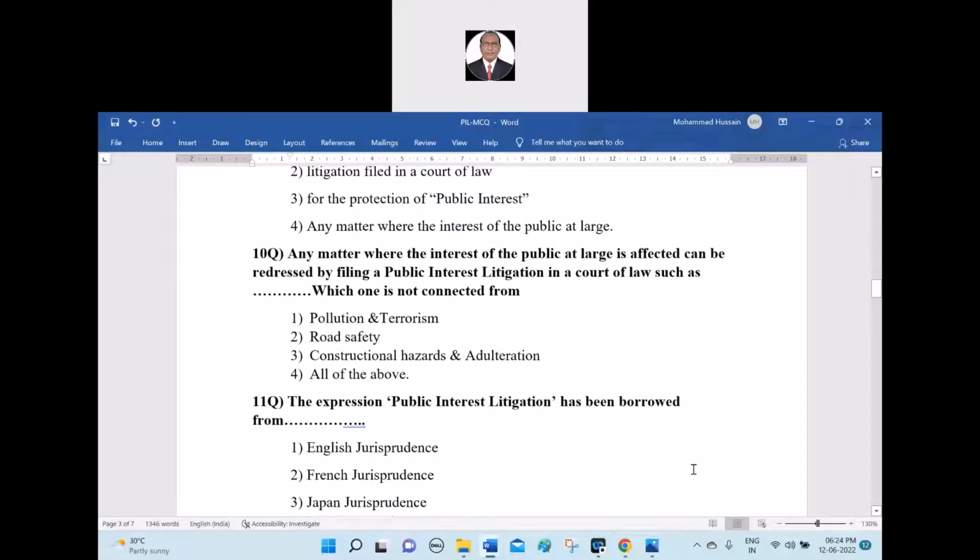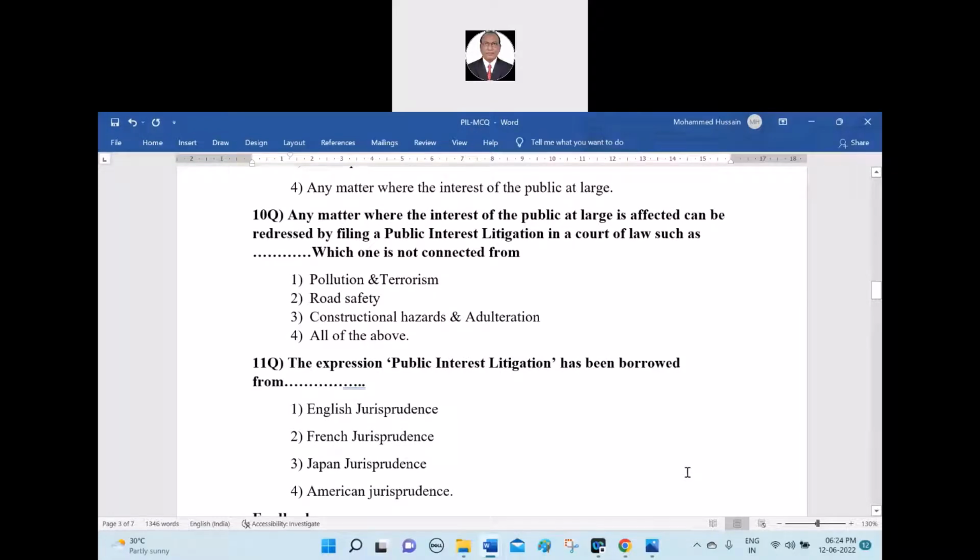So now let us see the 11th question. The expression public interest litigation has been borrowed from dash. Number 1, English jurisprudence. Number 2, French jurisprudence. Number 3, Japan jurisprudence. Number 4, American jurisprudence. It is American jurisprudence. It is an easy question I framed.